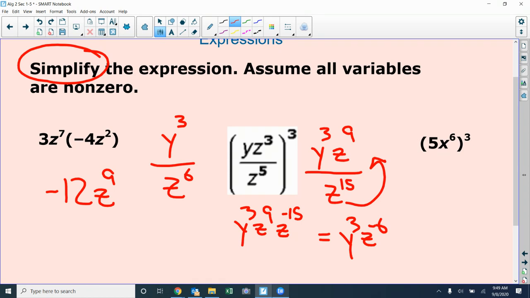Okay, makes sense? And then we'll take that -6 down, and that's how we come up with that same answer right there. So there's a couple different ways you go about it, whatever feels comfortable to you. Try that last one, 5x to the 6th raised to the 3rd.